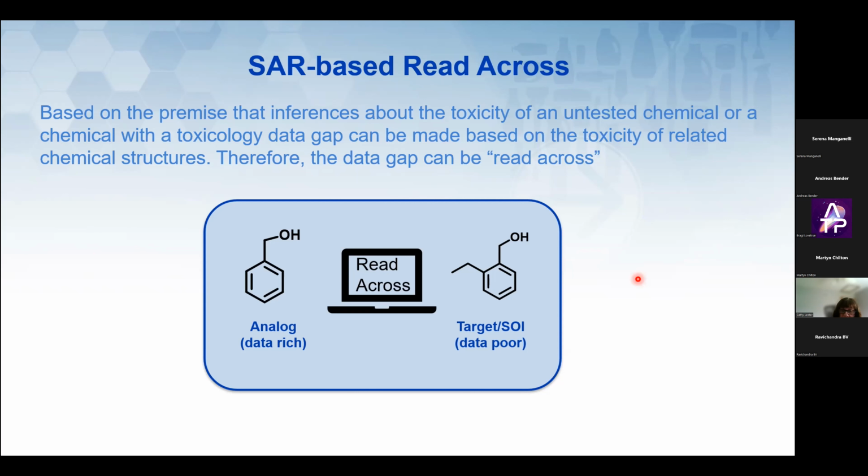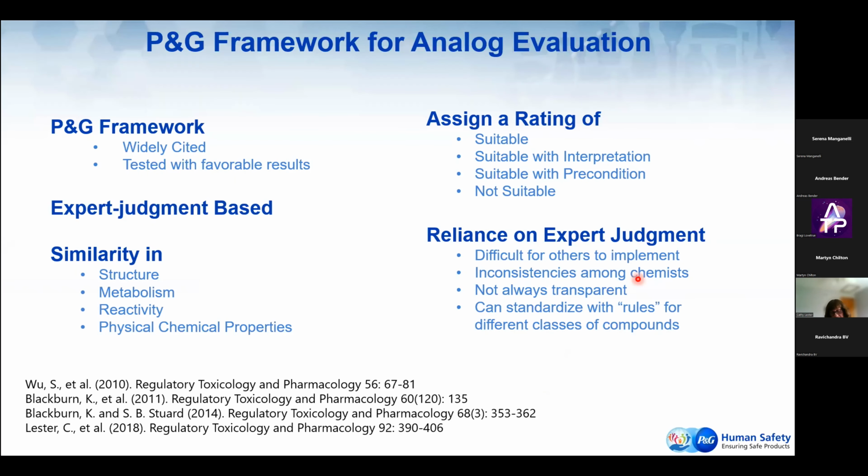Now, read-across sounds very simple, doesn't it? It's simple in theory, but it can be complicated and challenging in practice. And it is one of the important risk assessment tools we use at Procter & Gamble. We rely heavily on read-across. Back in 2010, my colleagues Sende Wu and Karen Blackburn developed a framework for selecting analogs for read-across and justifying their use.